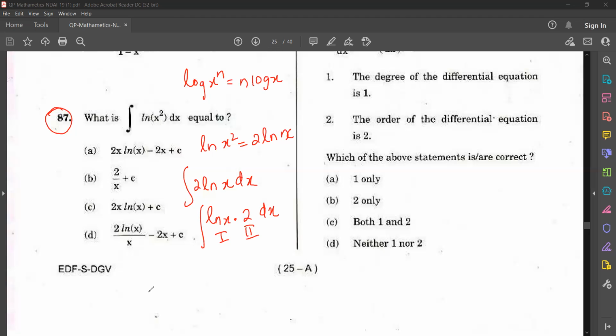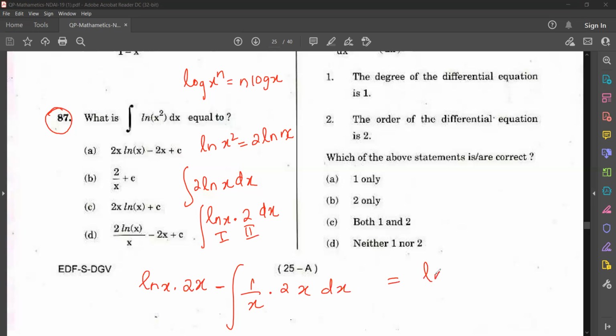So we can integrate by parts, that is first function into integral of the second function. What is the integral of 2? That is 2x, minus big integral of derivative of the first function. Derivative of ln x is 1 by x, isn't it? Into integral of the second function, that is 2x dx.